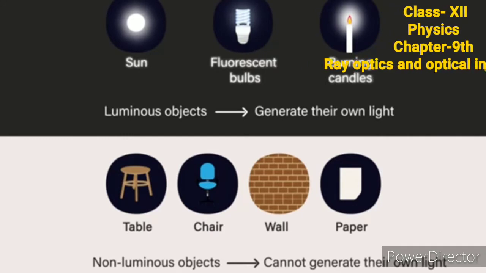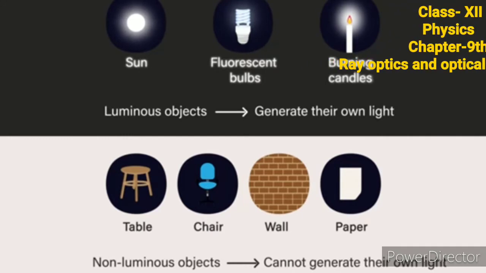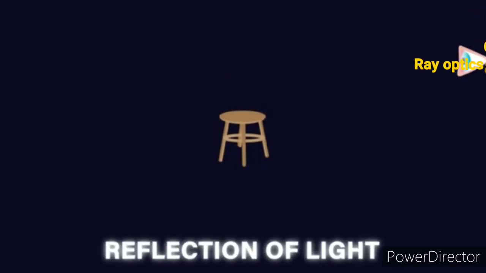We are able to see them because of reflection of light. These objects reflect light to our eyes. Which light are they reflecting? The light coming from luminous objects.